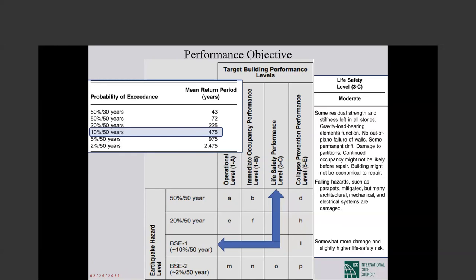And for a specific level of earthquake, the earthquake with a return period of 475 years, or as mentioned here, 10% in 50 years, because we usually assume a building can last 50 years.